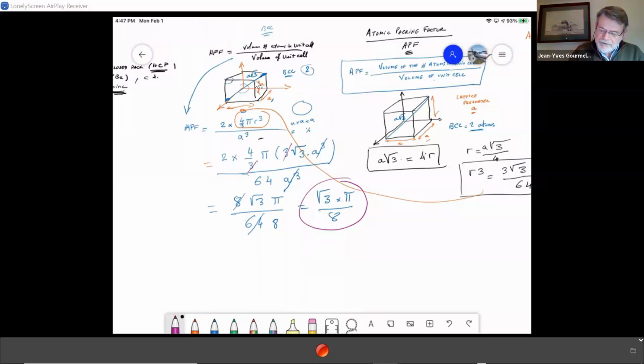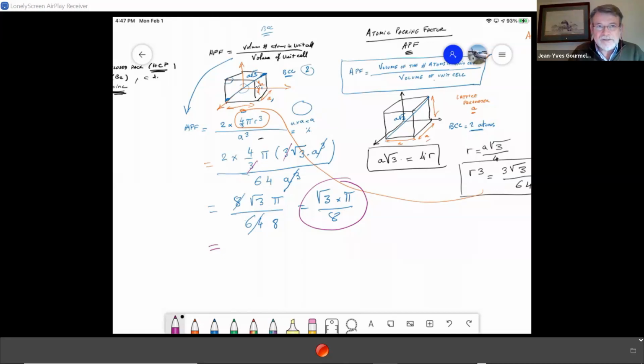So if you take your calculator now and do a simple calculation, what will you find? You will find a number with 2 significant figures here. That's what we want, which is the atomic packing factor for all body-centered metals, okay?